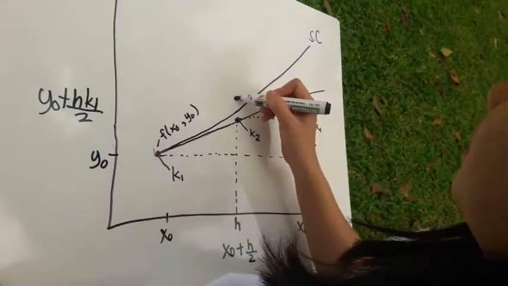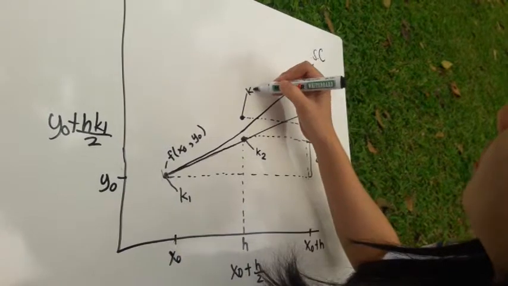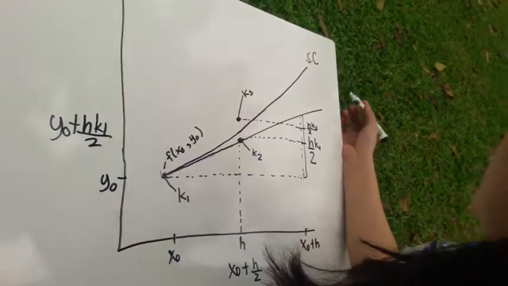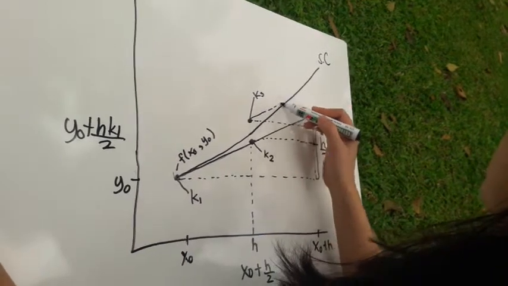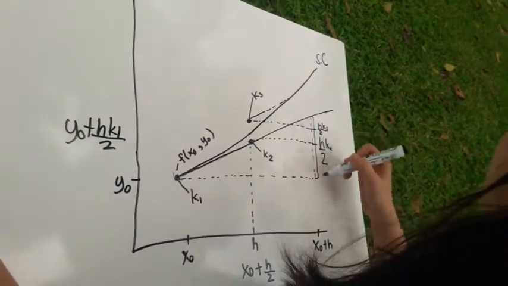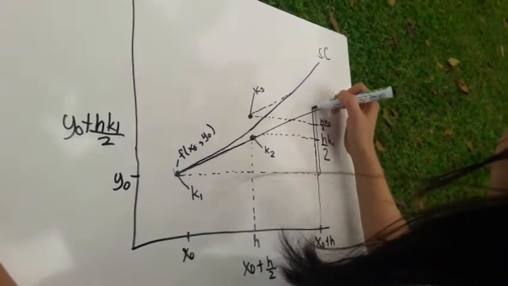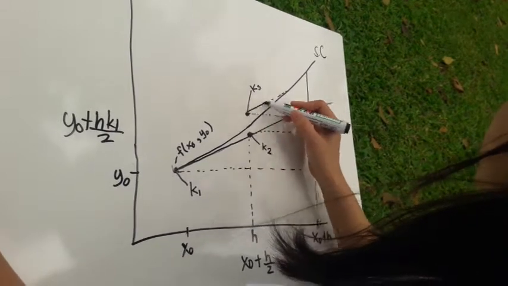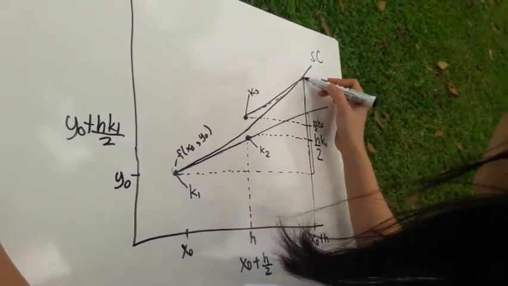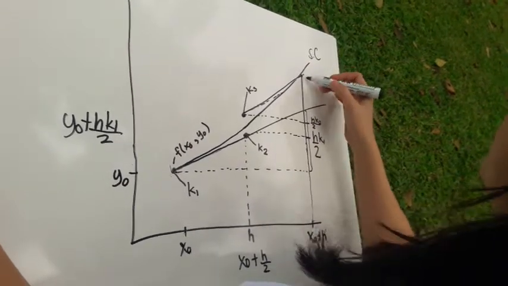So this point now is what we called our K3. And then we take the full height of this K3. And lastly, this is our K4.